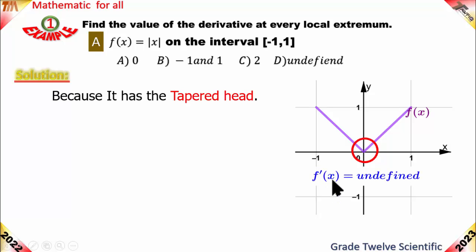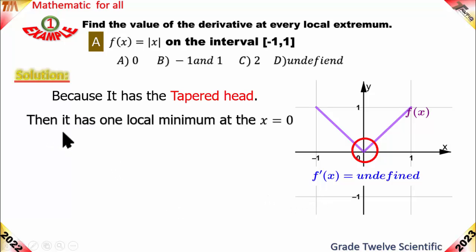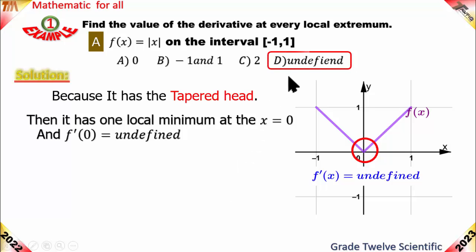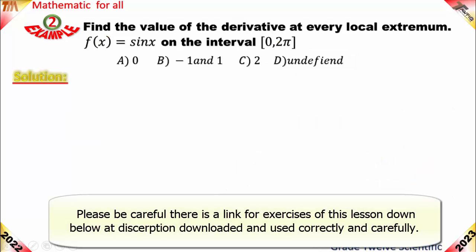It has a local minimum because to the left it is decreasing and to the right it is increasing, so it has a local minimum at x equal to 0, and f prime of 0 is undefined. That means D is the correct answer.